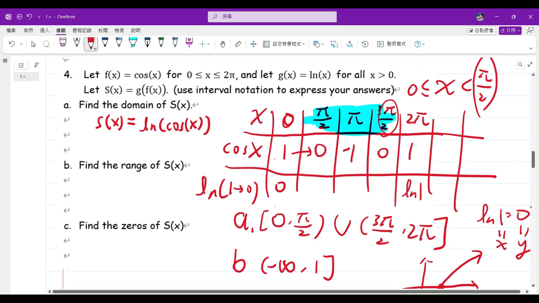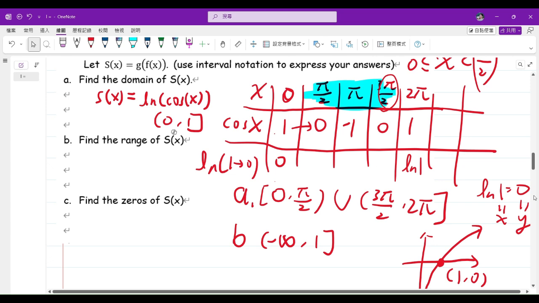Let me go back to here. Your input is here. Cosine x is between 1 and -1. However, you cannot plug in any negative number or 0. So actually your input is limited from 0 to 1.